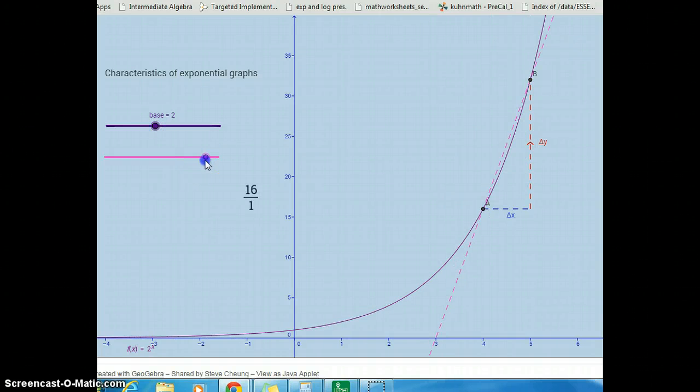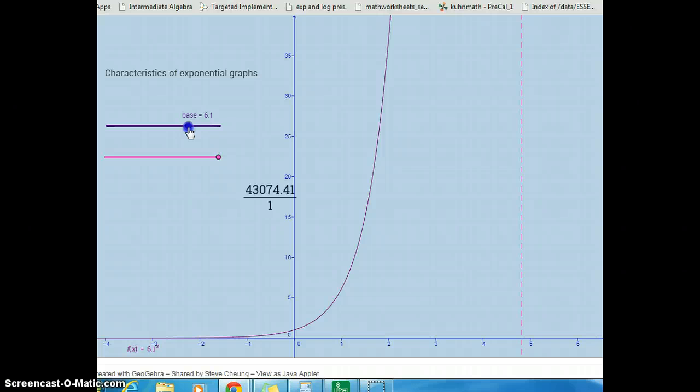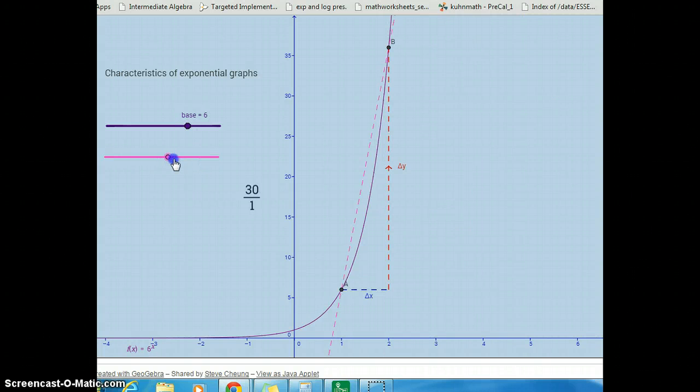In here, base 2, it started at 1, and then 2, 4, 8, 16, 32. But if we're using, let's say, base 6, then this definitely is growing a lot faster. So there are a few conclusions that we can draw from here.